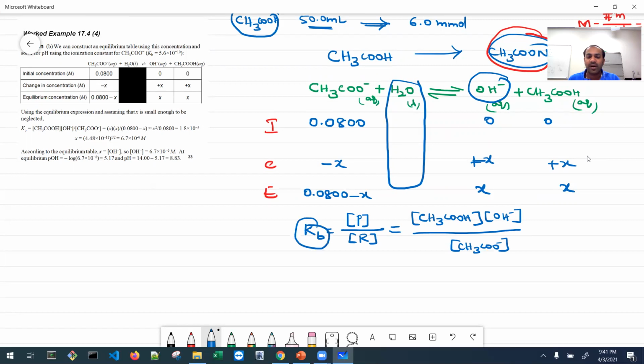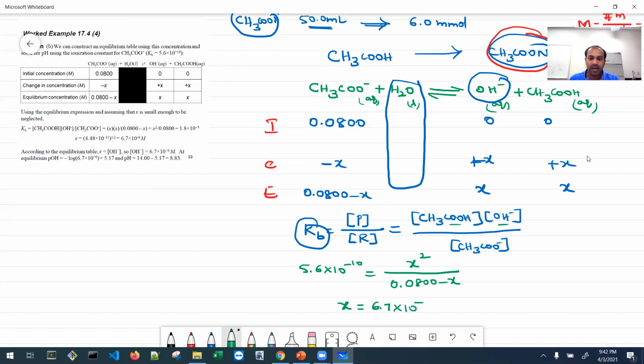And the Kb value is given in the problem, which is 5.6 times 10 to the negative 10. So here X times X, which is X squared, and in the denominator you have 0.0800 minus X.